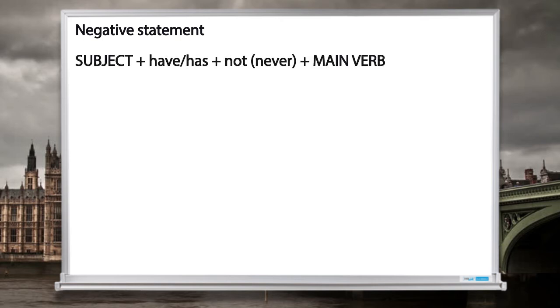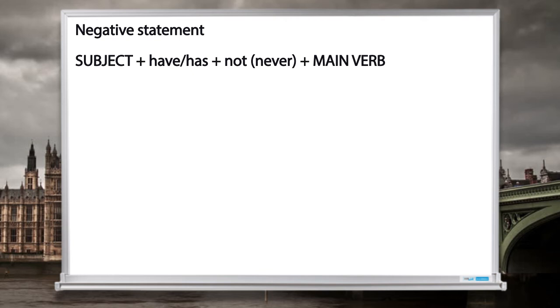So far I spoke about positive statements. Now I'm going to show how to make negative statements and how to make questions. First, I'm going to show how to make a negative statement. It will look like this: subject plus have or has plus not or never plus main verb.